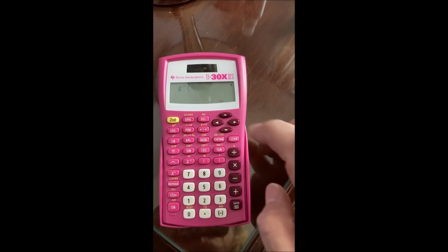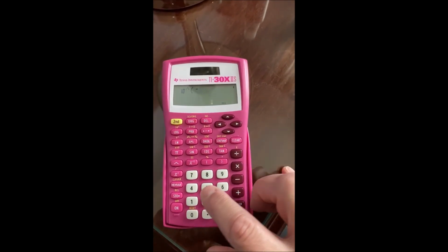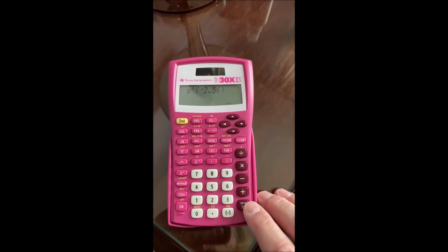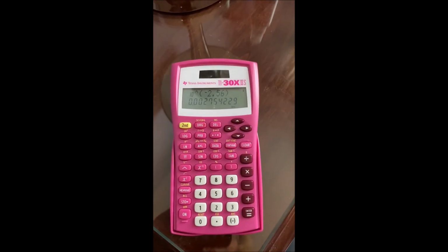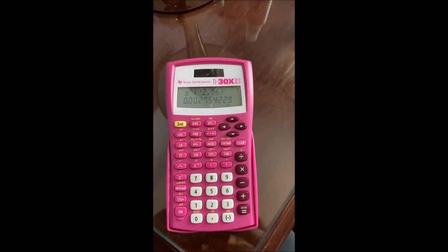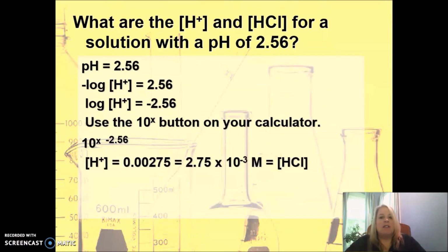Hit second 10^x, then type in the negative of the number, which was 2.56. You should get your answer, 0.00275. Boom. 10^x button, negative 2.56 gives 0.00275, or in scientific notation, 2.75 times 10 to the negative third.